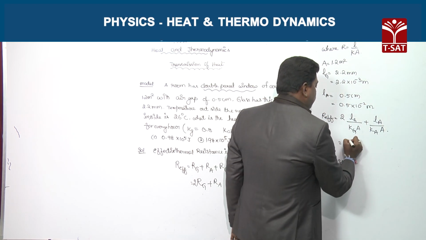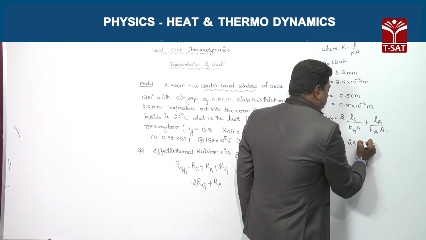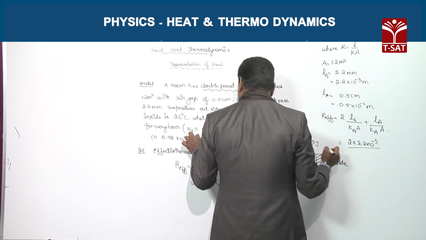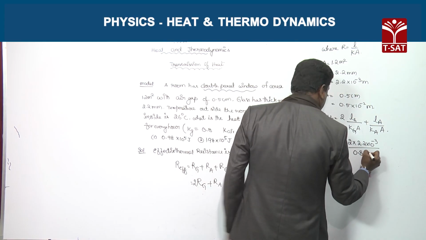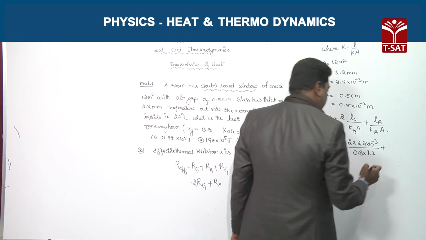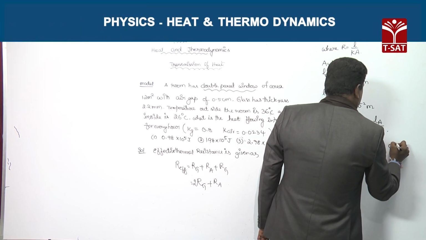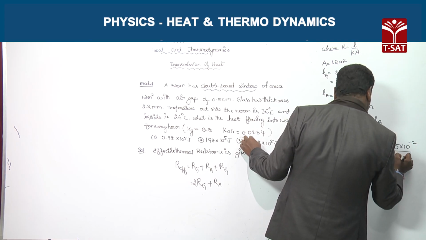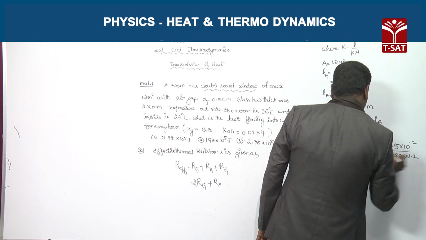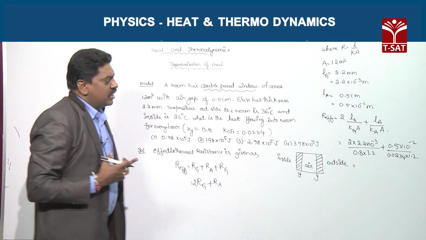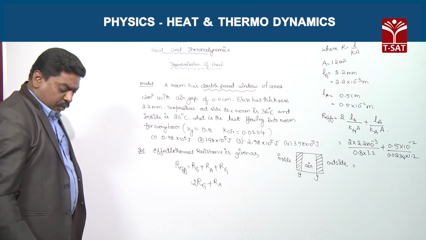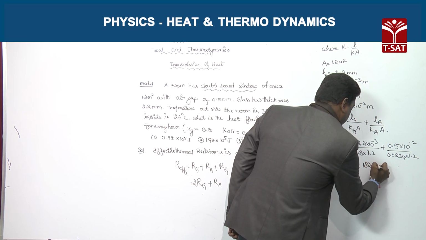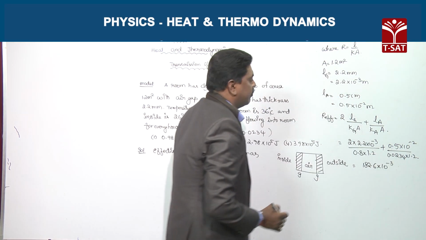Substituting the values, we have 2 into 2.2 into 10 to the power of minus 3 divided by 0.8 into 1.2, plus 0.5 into 10 power minus 2 divided by 0.0234 into 1.2. On simplifying, R effective we get as 182.6 into 10 power minus 3.